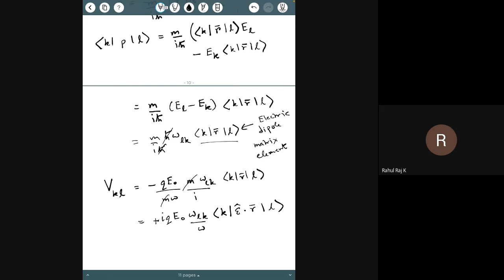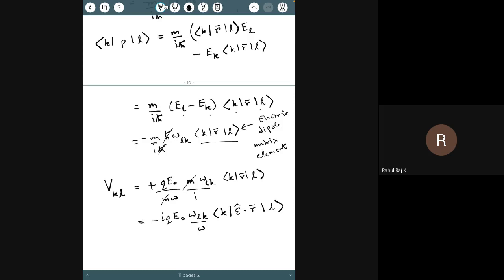EL minus EK is minus h cross omega. So L is the ground state, K is the excited state. So this is minus h cross omega. So I have a minus over here, and then I have this, and then again a minus, right?